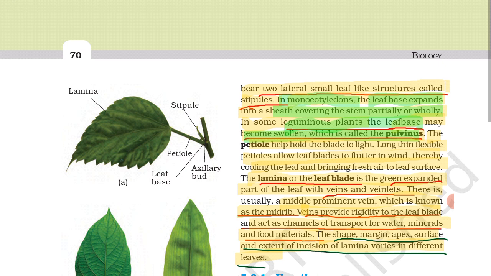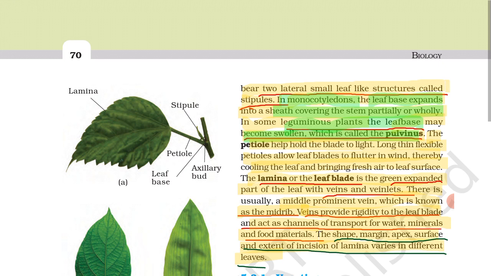In some leguminous plants, the leaf base gets swollen, which is called pulvinus. The petiole helps to hold the blade to light. Long, thin, flexible petioles allow the leaf blades to flutter in wind, cooling the leaf and bringing fresh air to the leaf surface.